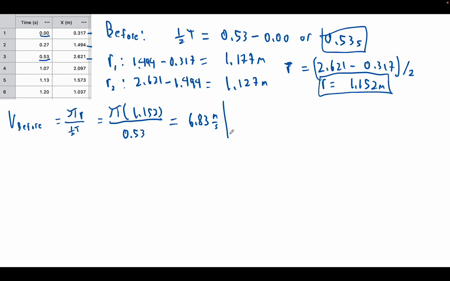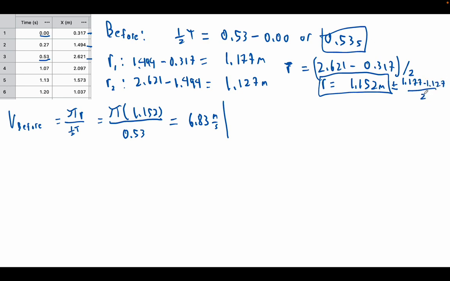Okay. Now, we need to figure out what the uncertainty of this radius is. So what I'm going to do is go this guy minus this guy divided by 2, or vice versa, right? So my uncertainty is plus or minus 1.177 minus 1.127 over 2.